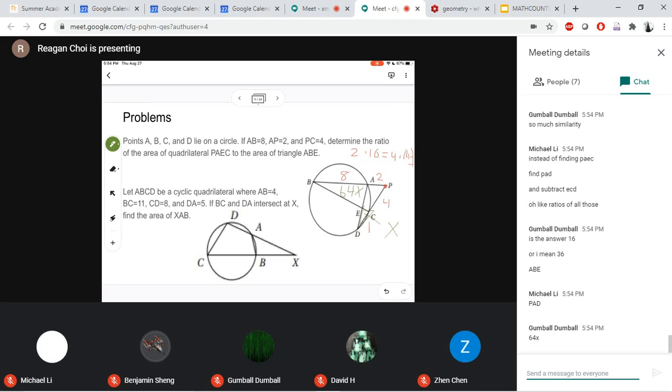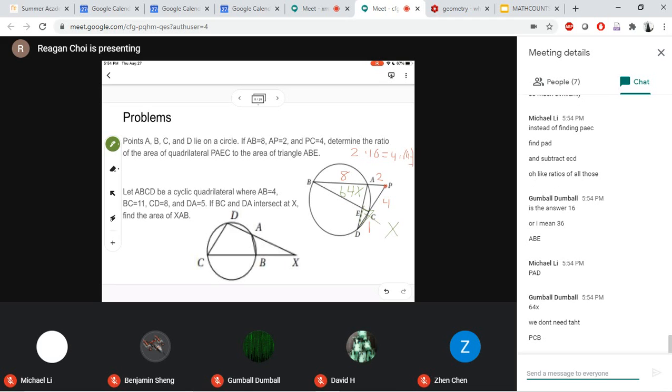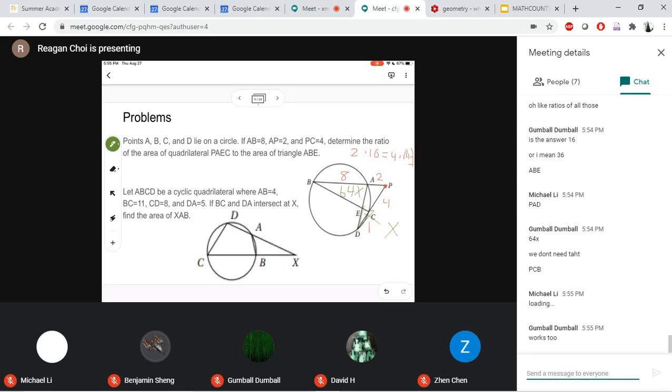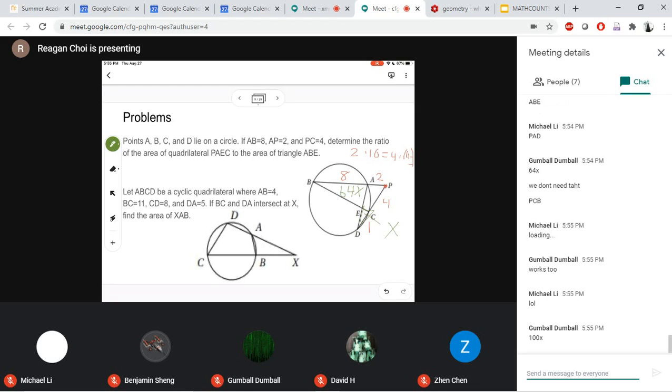What's the area of PAD in terms of x? What's the area of PCB in terms of x? I'm not sure. I don't think you can directly find it. 100x?